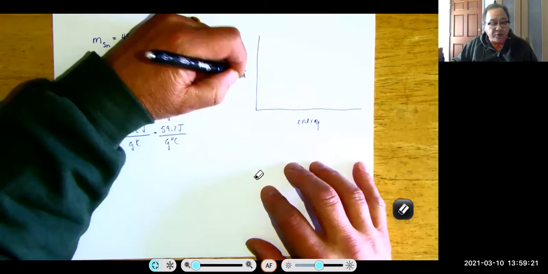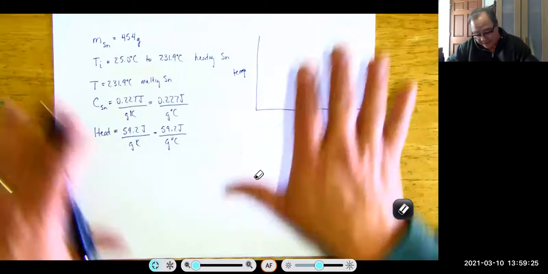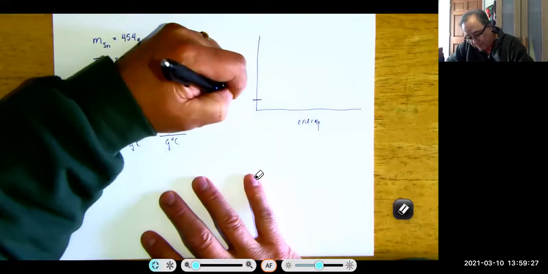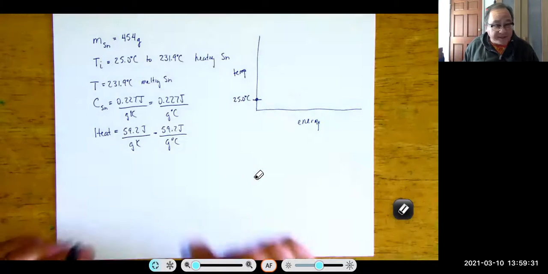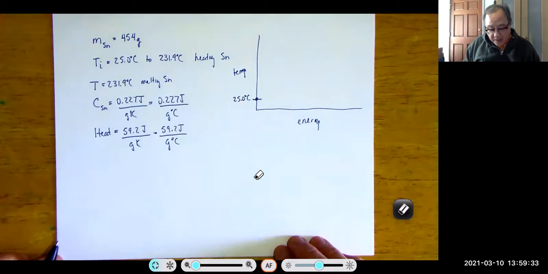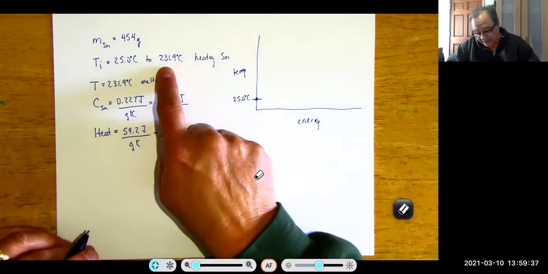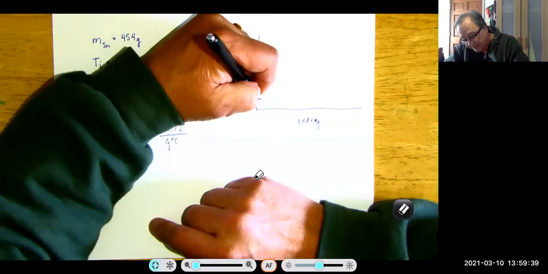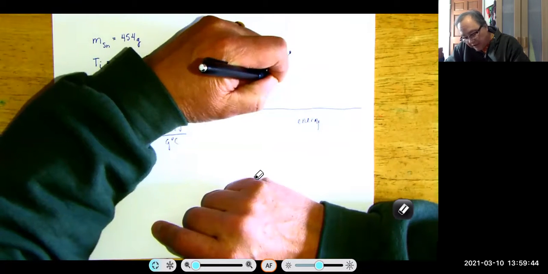Now, I'm not going to try and draw it to scale or anything like that. I just want to capture what's happening here. So the tin starts right here at 25 degrees Celsius. And we put energy in until it gets to 231.9 degrees Celsius. So the temperature rises. During this time, the tin is a solid.